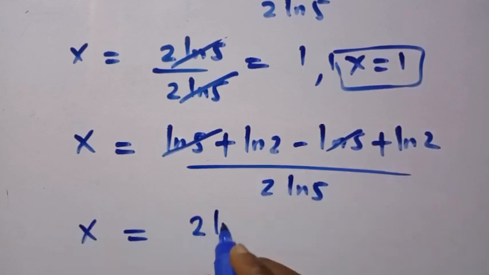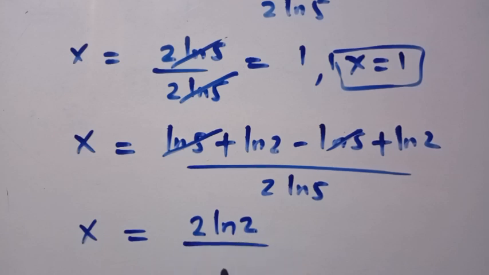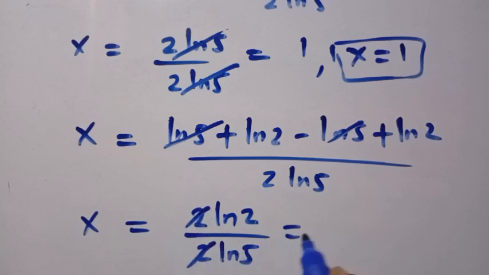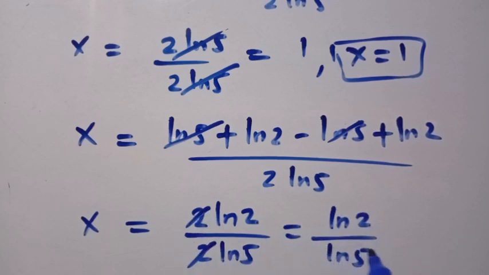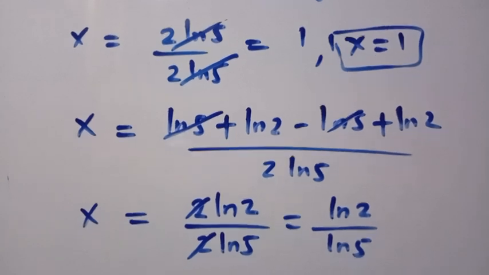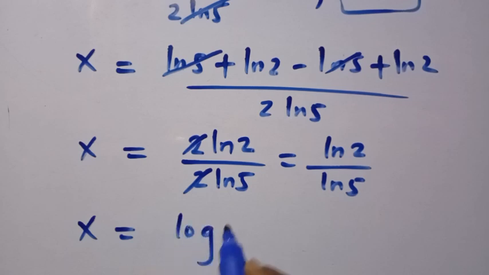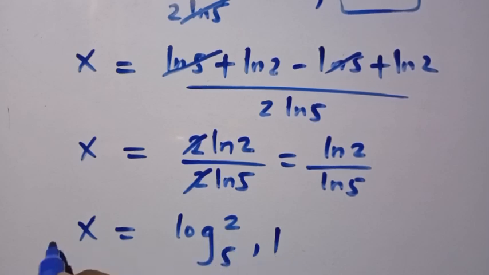That gives us 2 ln 2 divided by 2 ln 5. So 2 cancels 2, and we have ln 2 divided by ln 5. So ln 2 by ln 5 also satisfies this, or we can decide to write it as log 2 base 5. So these are the two values of x: x equals log 2 base 5 and x equals 1.